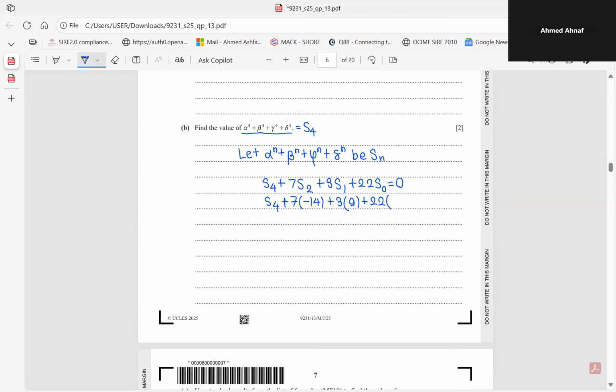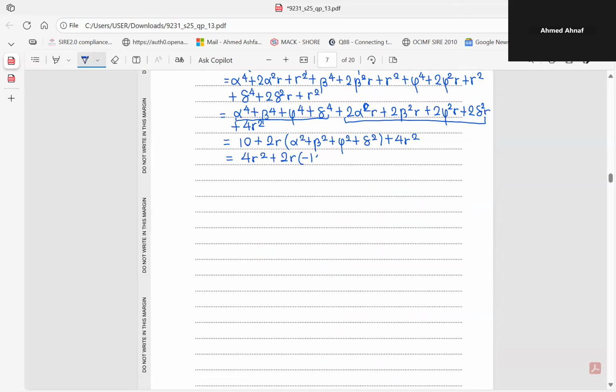This would be equal to 4r squared plus 2r times, we also found that in our previous part, this is just minus 14 plus 10. So this would be 4r squared minus 28r plus 10. So this is our whole expression simplified.